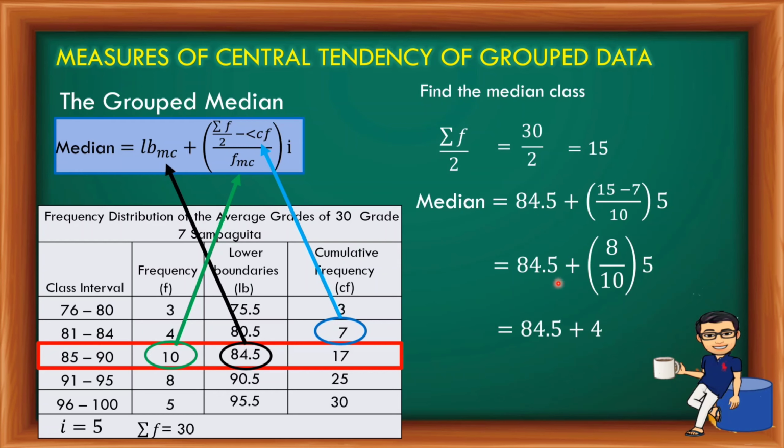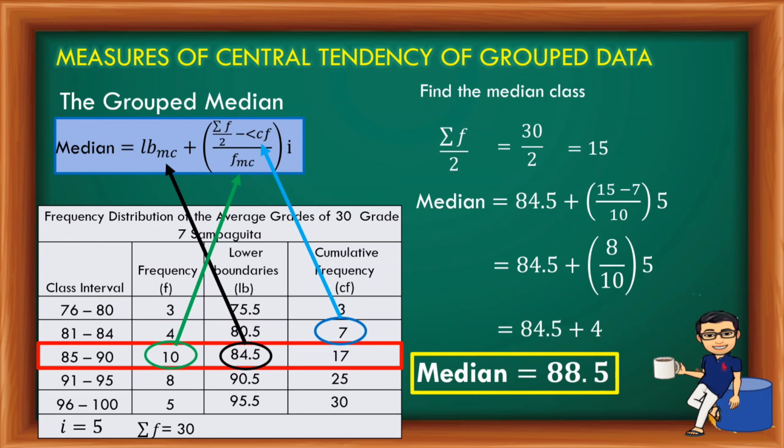So, kinopya lang uli natin ang 84.5. Ngayon, pag in-add yung 84.5 plus 4, that is equal to 88.5. And that will be our median. Okay na? Sana nasusundan natin. Therefore, the median of the average grades of grade 7 Sampaguita is 88.5.